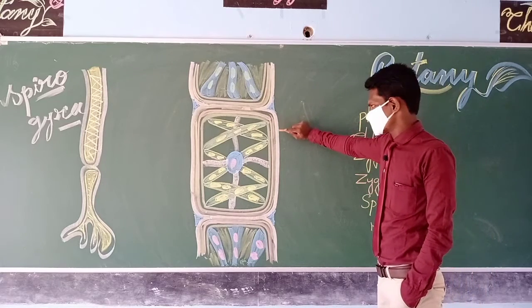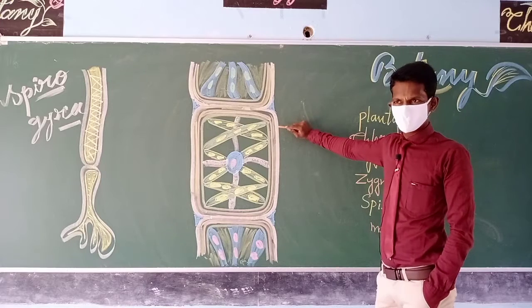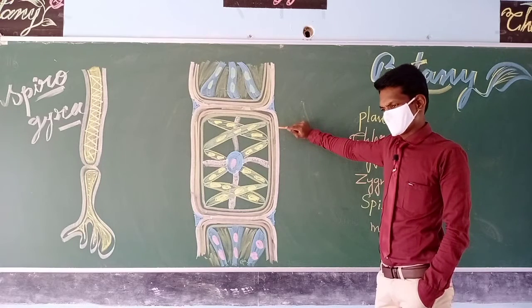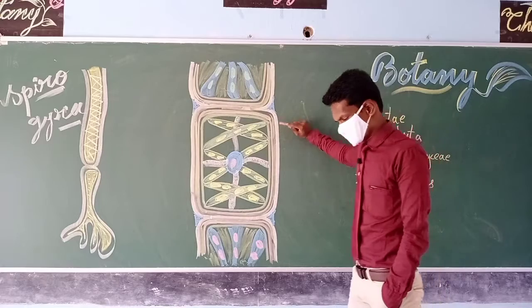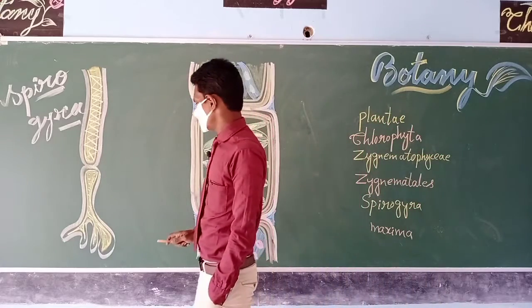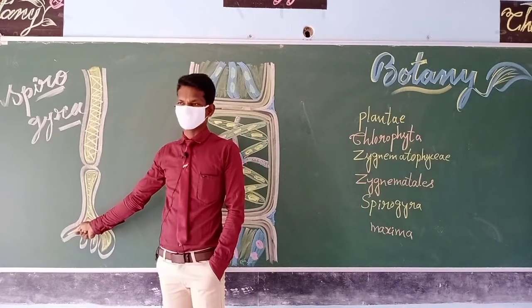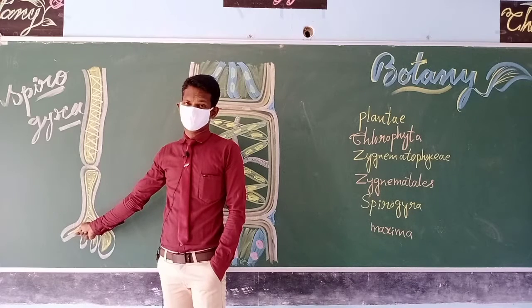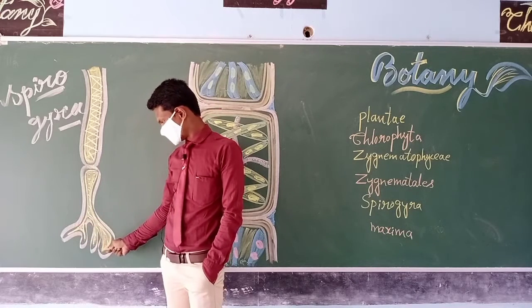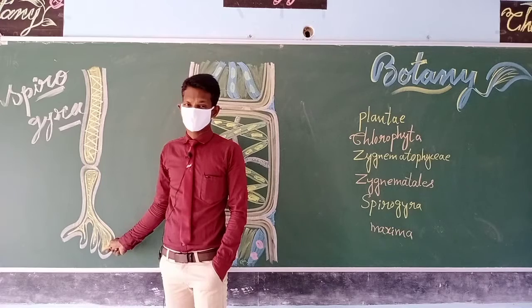Also it is responsible for a sliding movement and attachment to the substratum, sometimes, very rarely. Here we could also observe finger-like projections. These are the same as rhizoids, so these are also helpful for attachment to the substratum.